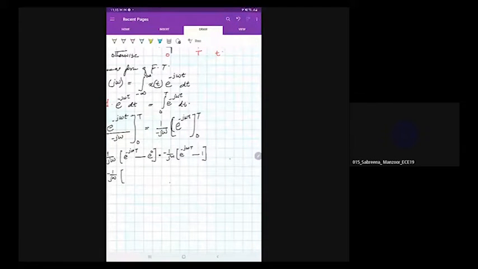So I'll write down here this thing. I'll modify this now. It can be written as e raised to power minus j omega t by 2 divided by e raised to power j omega t by 2. This step, if you are facing any kind of difficulty, I can repeat it.